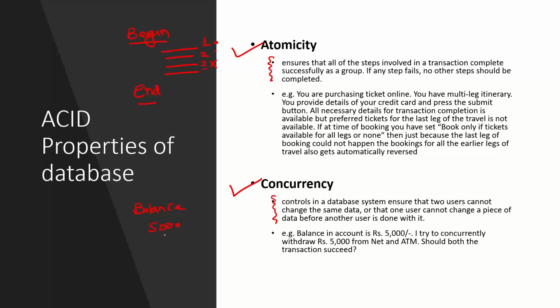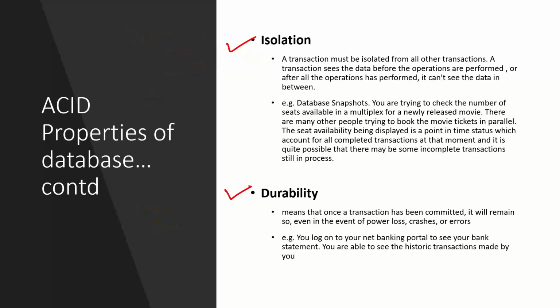A database should not allow one user to change a piece of information before another consumes it. So these two transactions cannot concurrently happen on the same field in the database table. That is concurrency. Logically, you also understand it is very important. Otherwise, people will withdraw extra money if you think from banking, but you have to think from all other applications, and this makes sense.